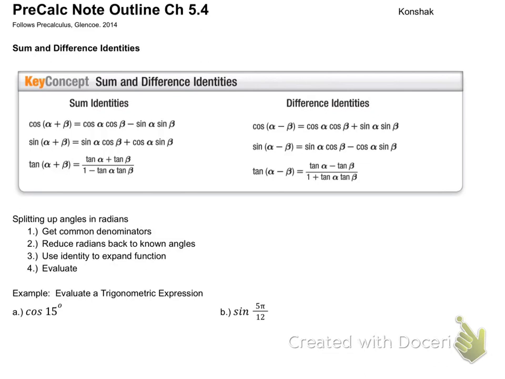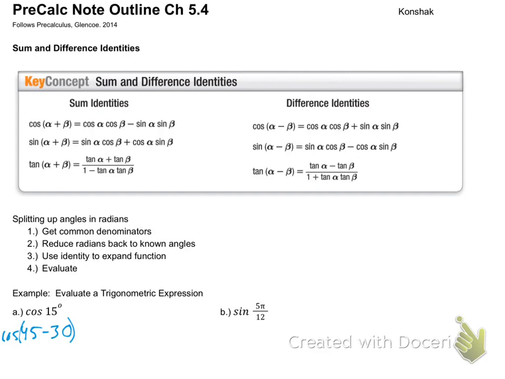You would have to do what with those, though? You would have to subtract. 45 minus 30. So if I took cosine of 45 minus 30, would that be cosine of 15? Sorry, it went off the screen up there.